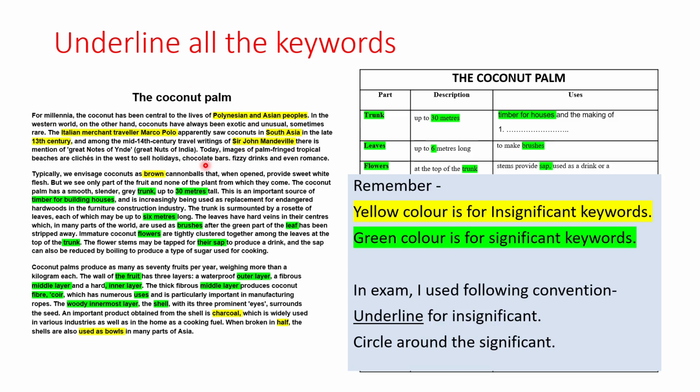You might already have noticed this. In the exam, in practical conditions, I used the following conventions: I underline for insignificant, and I put a circle around the significant. But you can choose anything that you find suitable for you.